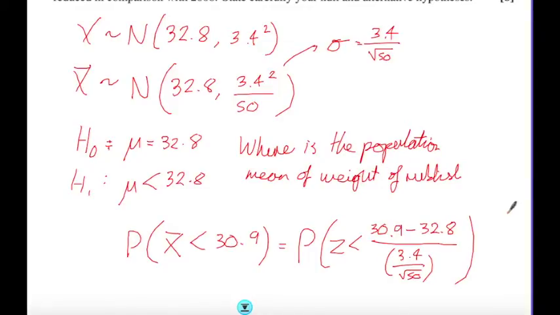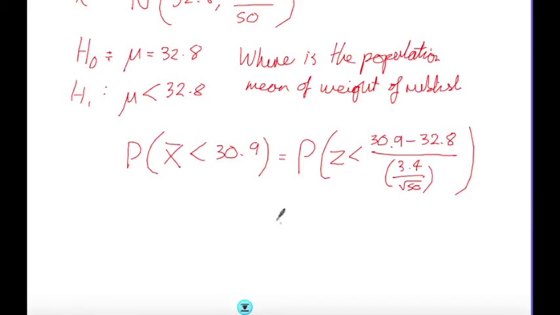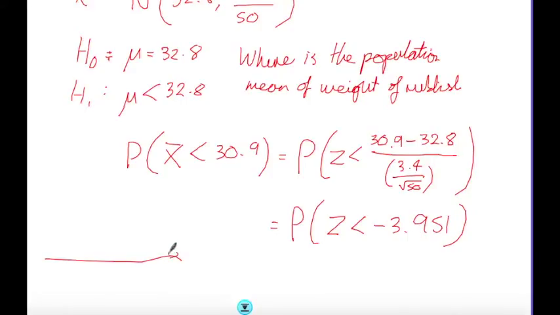Okay, so 30.9 minus 32.8 divided by 3.4 divided by root 50 is, as probability z is less than minus 3.951. So our z value is minus 3.951.